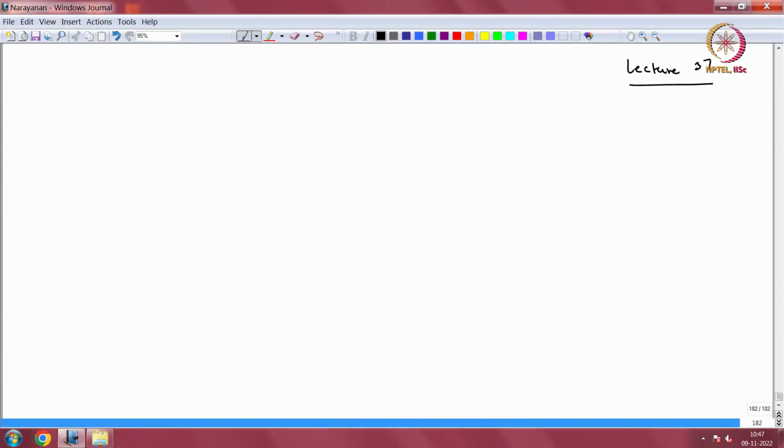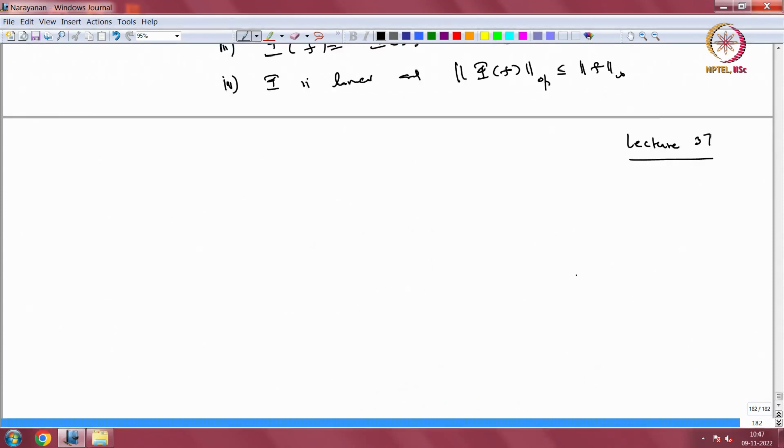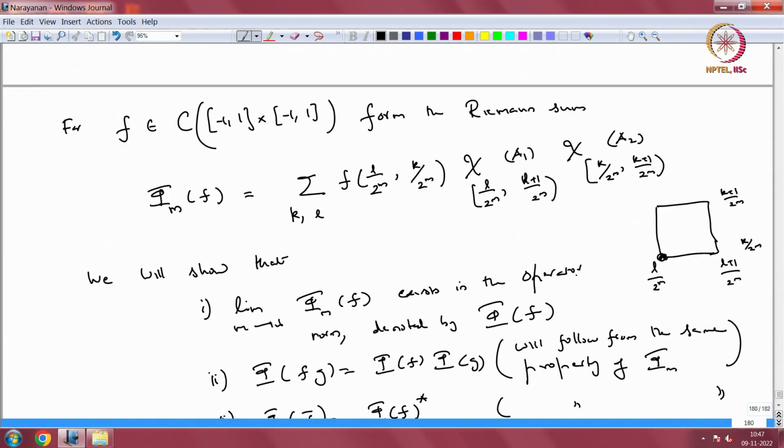Recall that we had, maybe I can show you the previous page, for f in C of [-1,1] cross [-1,1]. We assume that there are only two operators, for simplicity. We also assume that the norm of the operators is less than or equal to 1, so that we can simply write [-1,1] cross [-1,1].